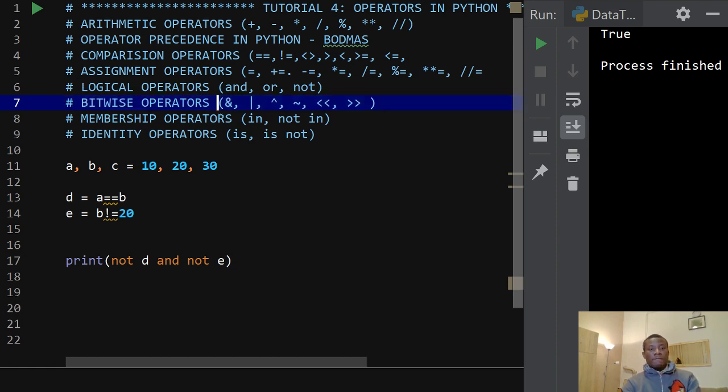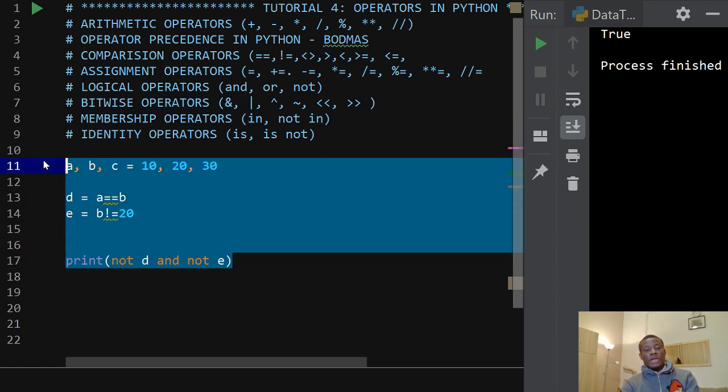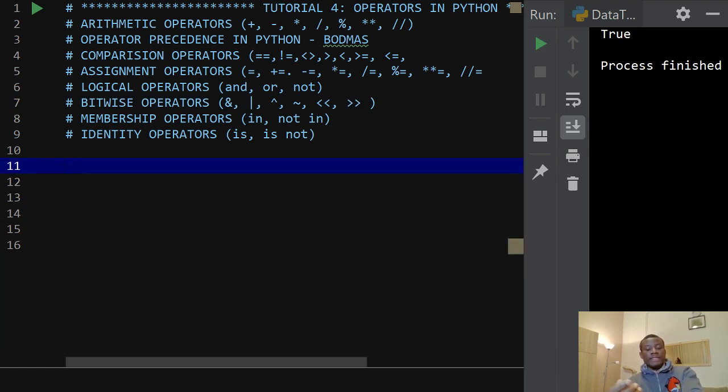Now we have the bitwise AND, bitwise OR, bitwise XOR, bitwise NOT, logical shift left, and logical shift right. What are all these? They operate on binary numbers. So before we continue, let me show you how to assign a binary number in Python.